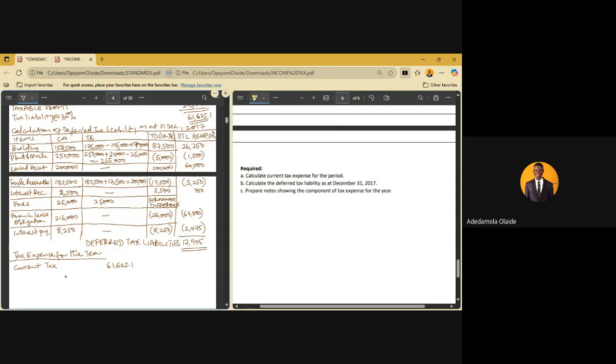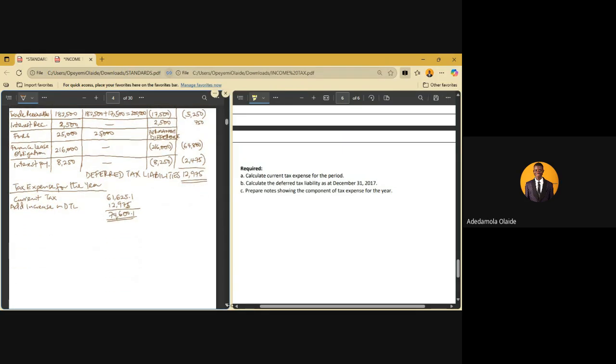We don't have any under or over provision in the previous year, so we'll just add the increase in deferred tax liability, because they did not tell us there was any deferred tax before, and even in their statement of financial position, we can't see any deferred tax there before. So we'll have this to be 12,975. And that will give us 74,600.1 in total.